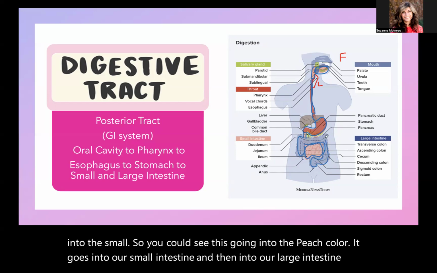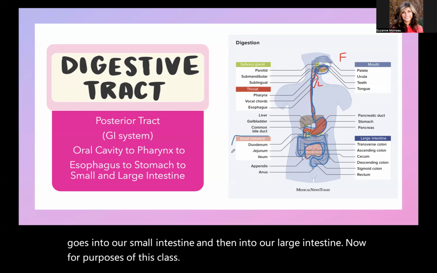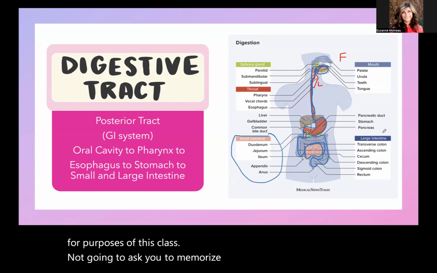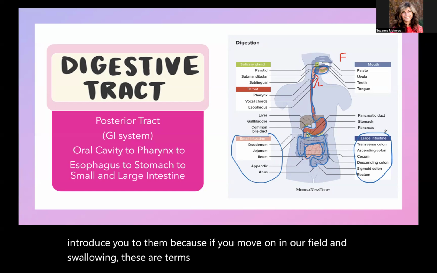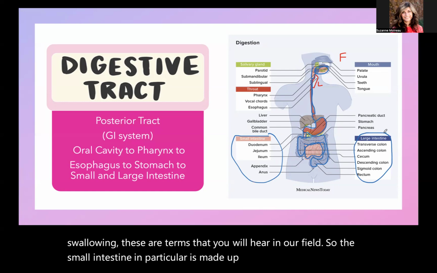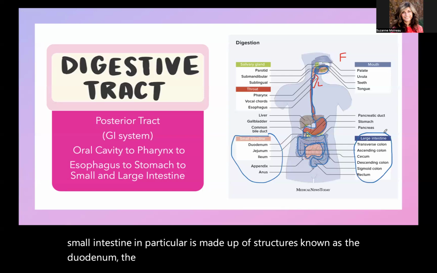Now, for purposes of this class, I'm not going to ask you to memorize these terms, but I do want to introduce you to them, because if you move on in our field in swallowing, these are terms that you will hear. So the small intestine in particular is made up of structures known as the duodenum, the jejunum, and the ileum.